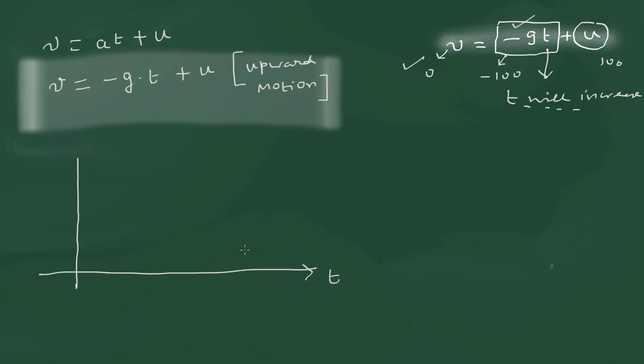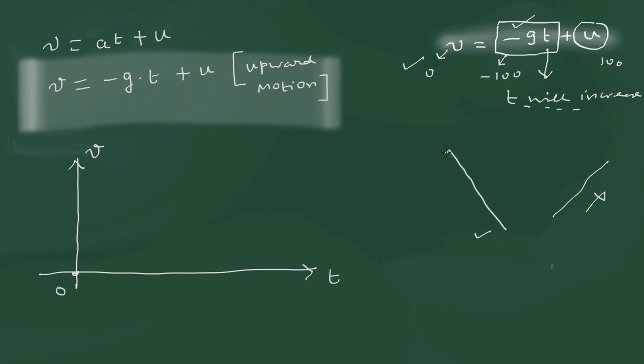You have the time along the x-axis, the velocity along the y-axis, origin is here, and it tells you that there is a minus g. Minus g means the slope is negative, and a negative slope means a straight line that has to be facing downward. Facing upward means we cannot have a minus value. Therefore, you should draw a straight line that is facing downward.